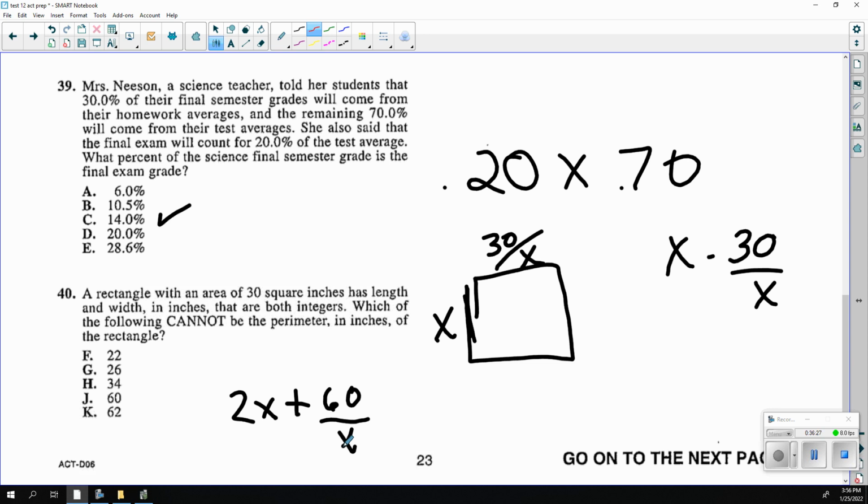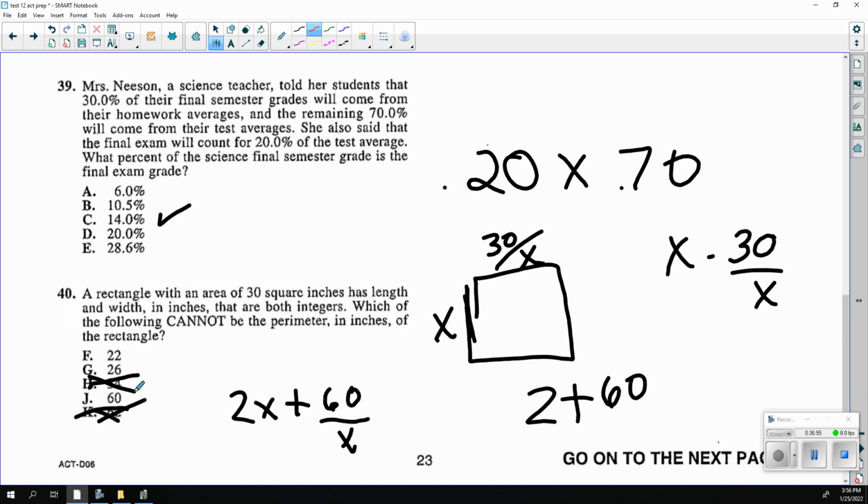Both integers. So let's start with x is 1. If x was 1, this would be 2 plus 60, 62, so that's good. If x was 2, it would be 4 plus 30, 34, so that's good.